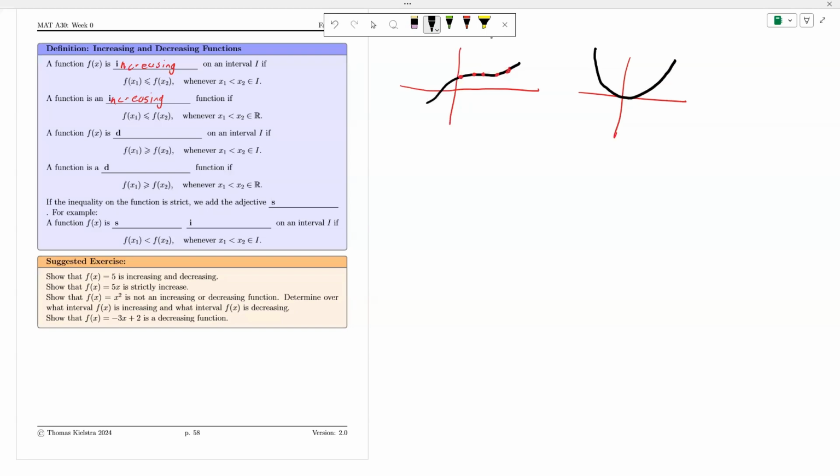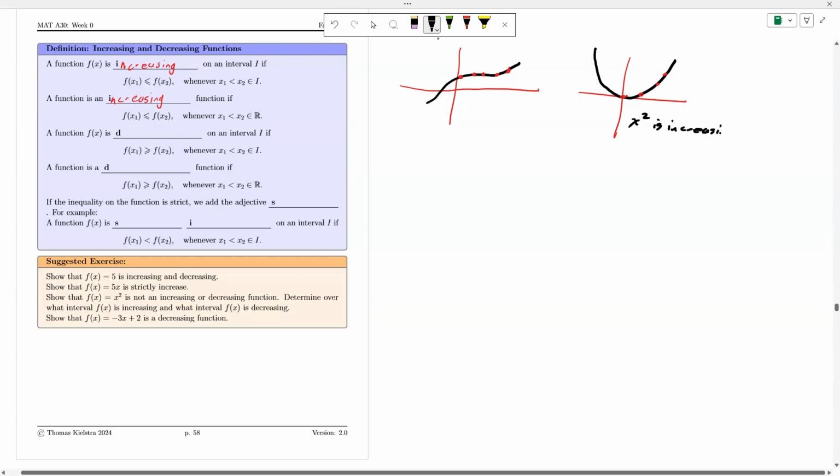For this function here, for any x values, this is true. Whereas for x squared, it is increasing if x is greater than or equal to 0. That's where x squared is increasing.